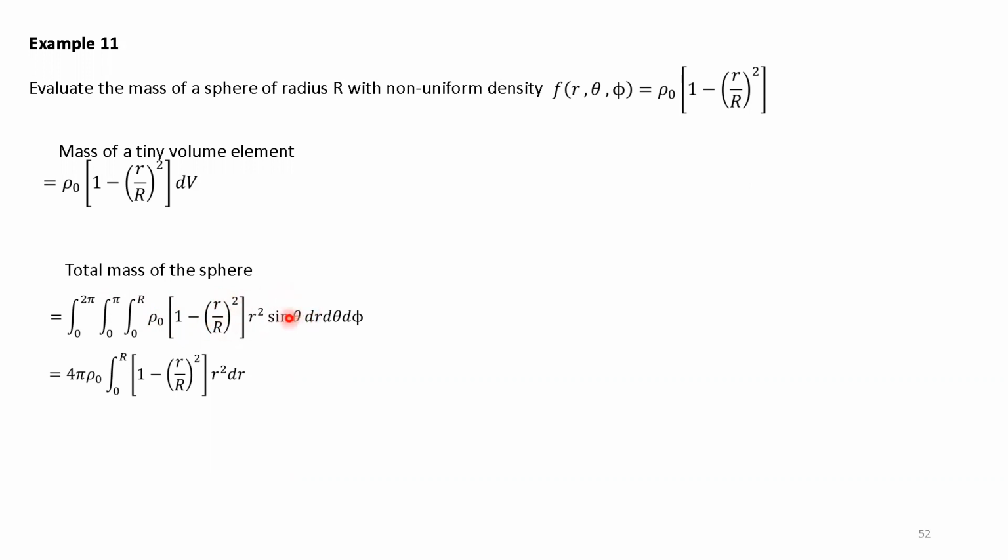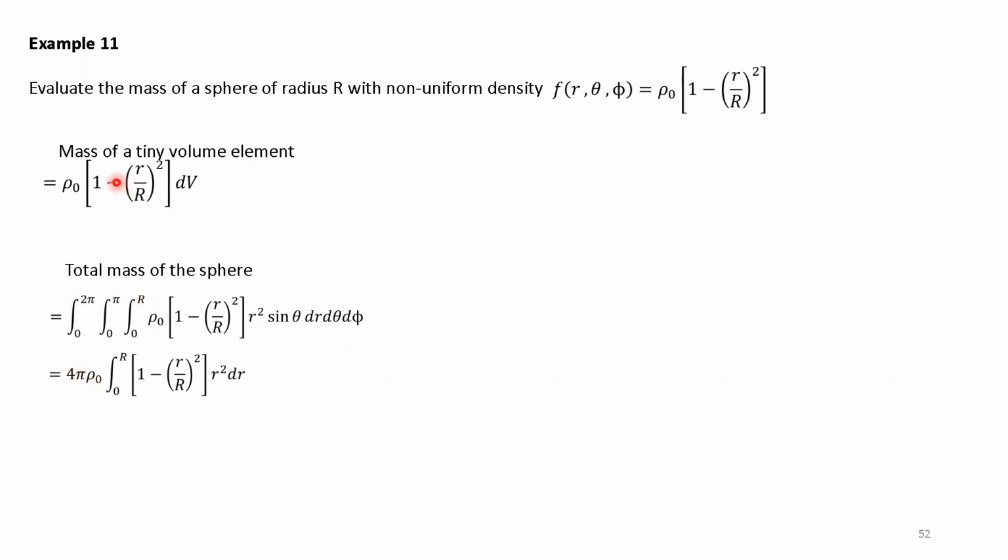If you integrate over theta from 0 to pi, this just gives me a constant, actually just 2. So the integration over theta gives me 2, and the integration over phi gives me 2 pi. That's why I have this 4 pi factor up front.